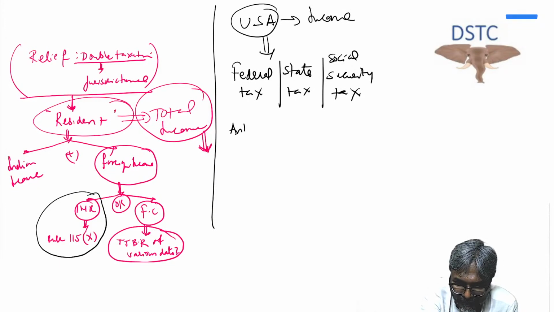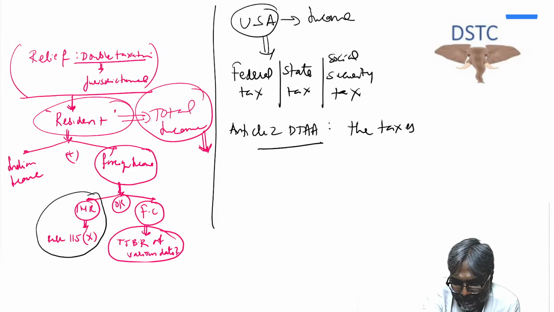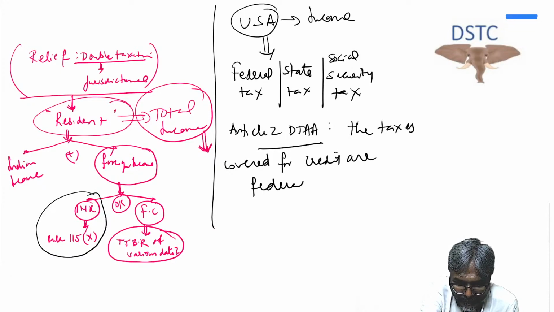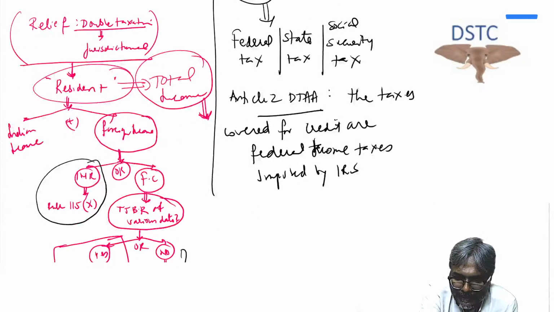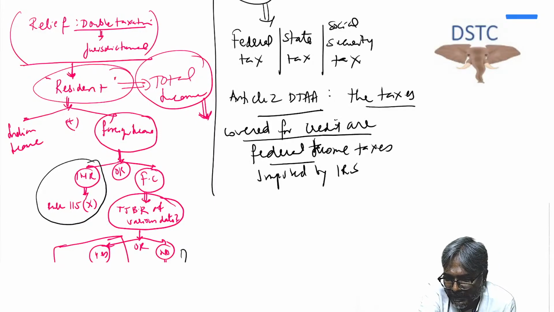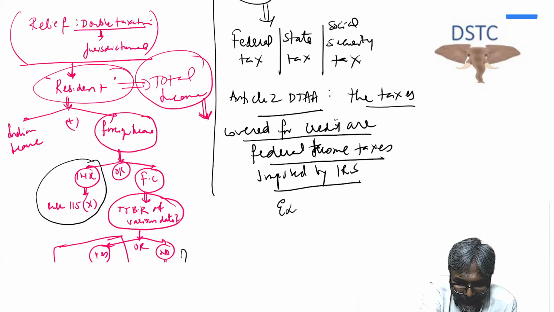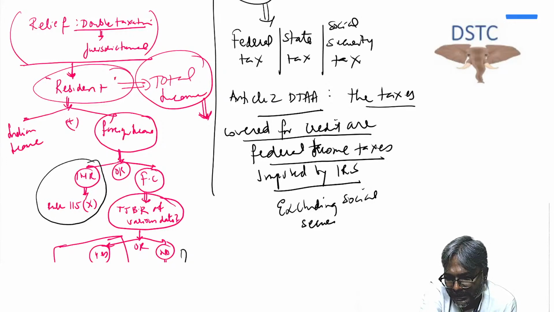And now they are giving you Article 2 of DTAA. Article 2 of DTAA says that the taxes covered for credit are federal income tax imposed by IRS, excluding social security tax.